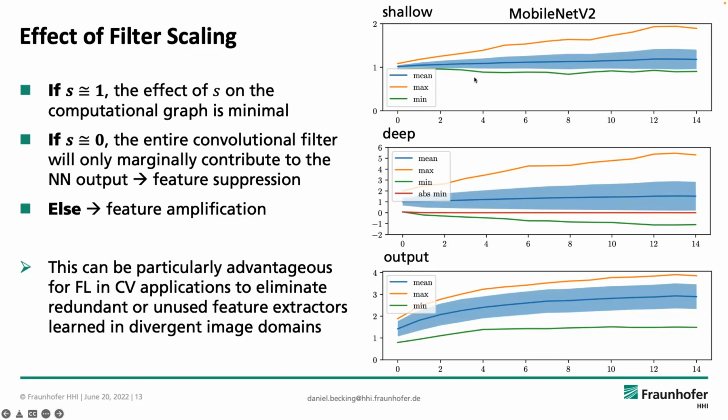Most of them, the blue curve is, by the way, the mean value, are around 1, which means that they have no great effect on the output. However, in deeper layers, they can pretty much amplify some features or even suppress or cancel out others, which is particularly advantageous in computer vision.